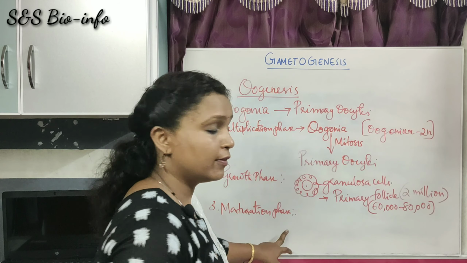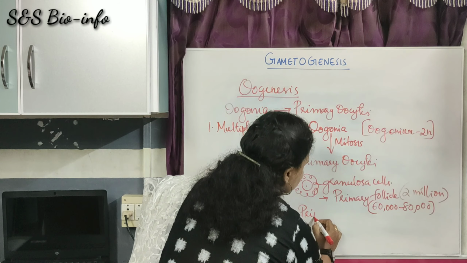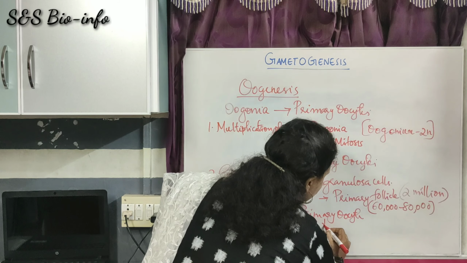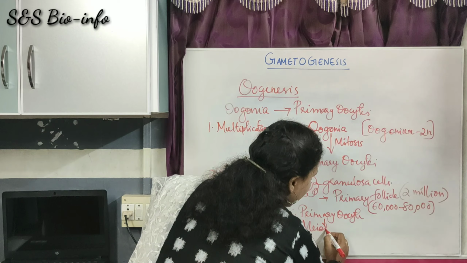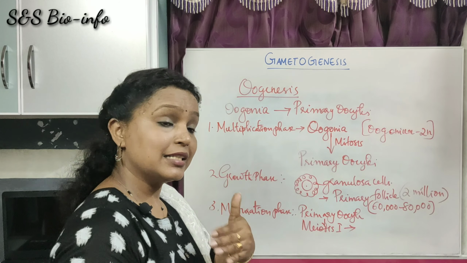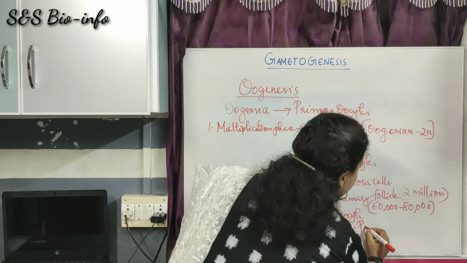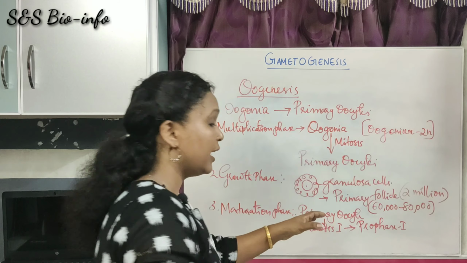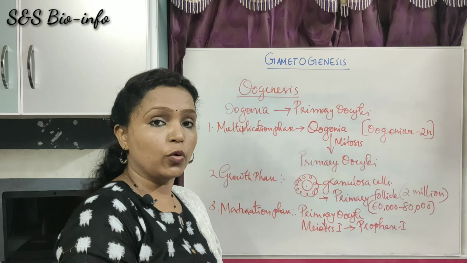During the maturation phase, the primary oocyte gets into the meiosis 1 stage, and then it starts prophase 1. Then the stage is temporarily arrested there.